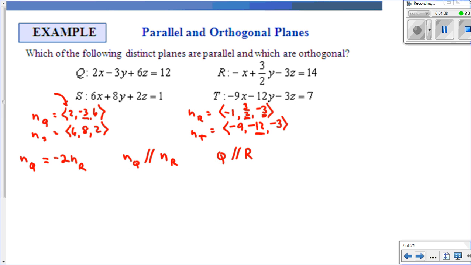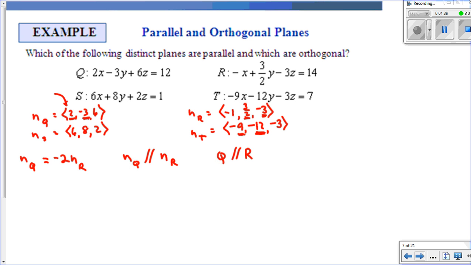I'm trying to pick the one that would give me the easiest value to consider. -3 times 4 would give me the -12, but 4 times the 2 does not give me the -9. So NQ is not a multiple of NT. So those two are not parallel to each other. So the only one parallel with NQ would be NR. So Q and R are parallel.